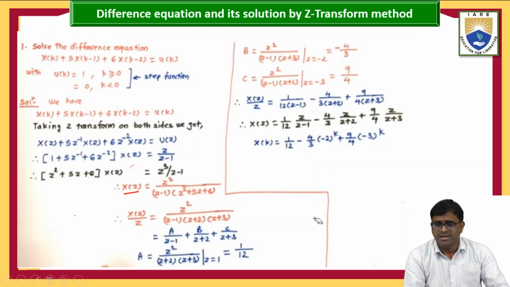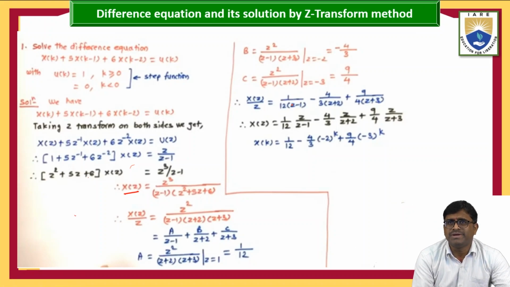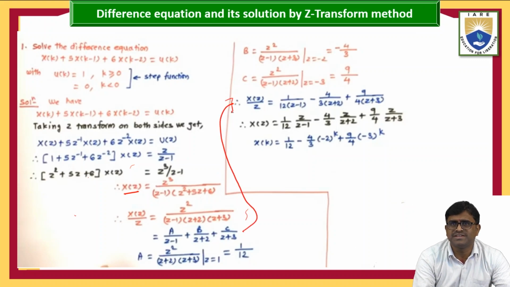So X of z by z equal to a by (z minus 1) plus b by (z plus 2) plus c by (z plus 3). With a equal to 1 by 12, we get X of z by z equal to 1 by 12 into 1 by (z minus 1), minus 4 by 3 into 1 by (z plus 2), plus 9 by 4 into 1 by (z plus 3).